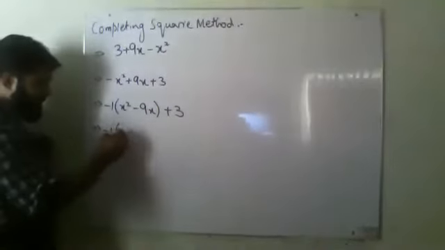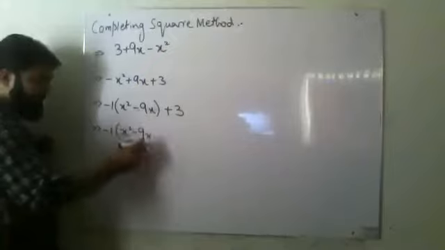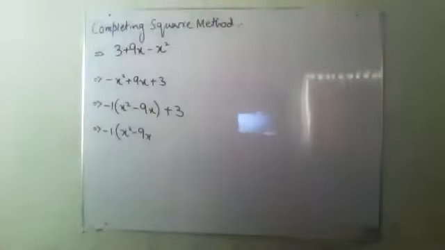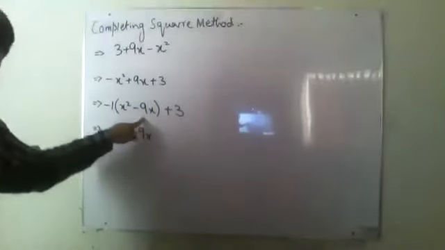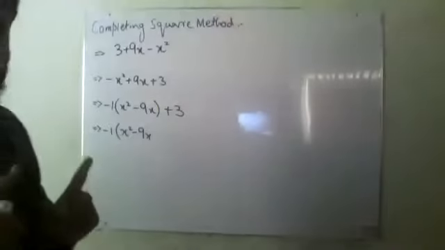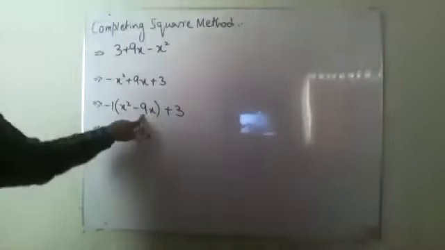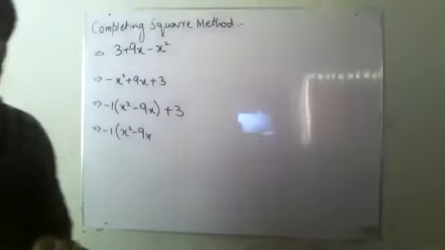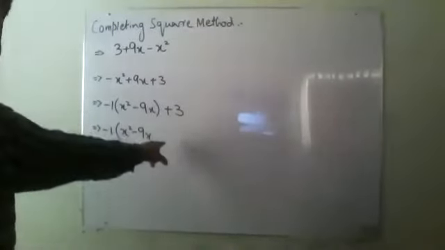Now coming inside the bracket, x square minus 9x, I have written as it is. After this, the coefficient of x, only the coefficient and not the sign, will be divided by 2, squared, and added and subtracted over here.